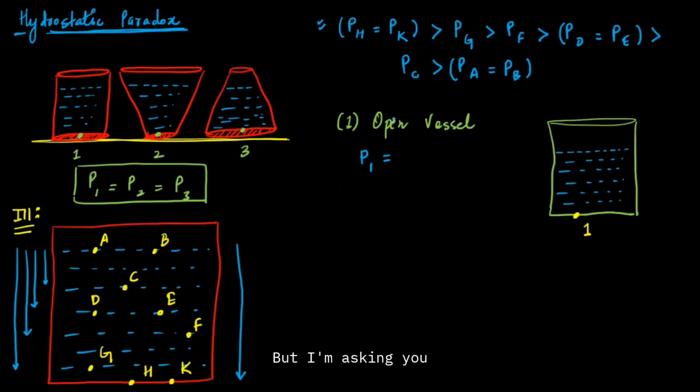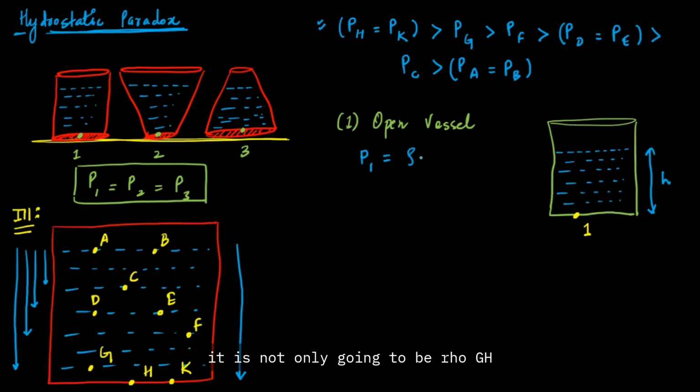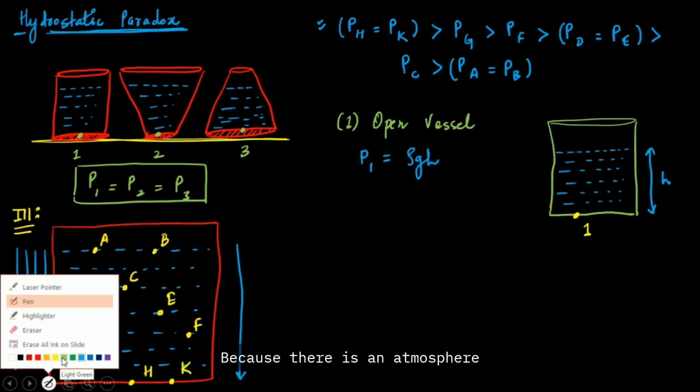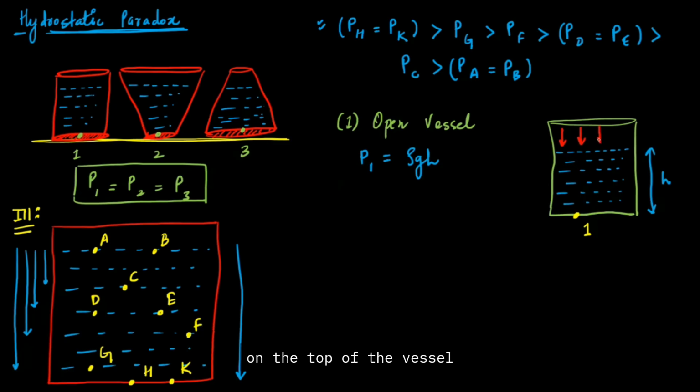But I'm asking you, we have noted that the depth of the container is h. So if you try to find the pressure at point one, it is not only going to be rho g h. It is going to be more than that. Why? Because there is an atmosphere, and that atmosphere will also exert pressure on the top of the vessel if the vessel is open, and that pressure is known as P naught or atmospheric pressure.